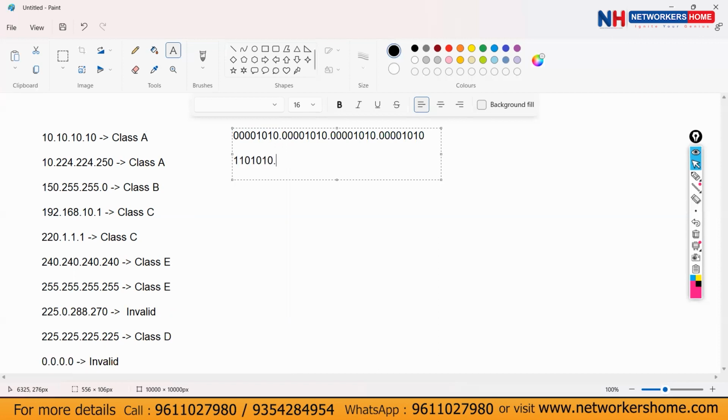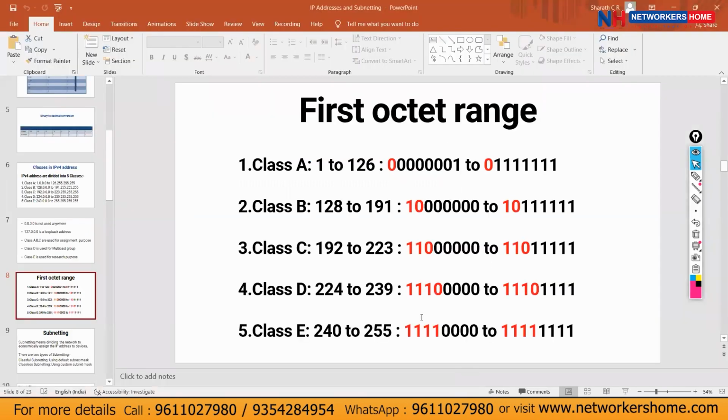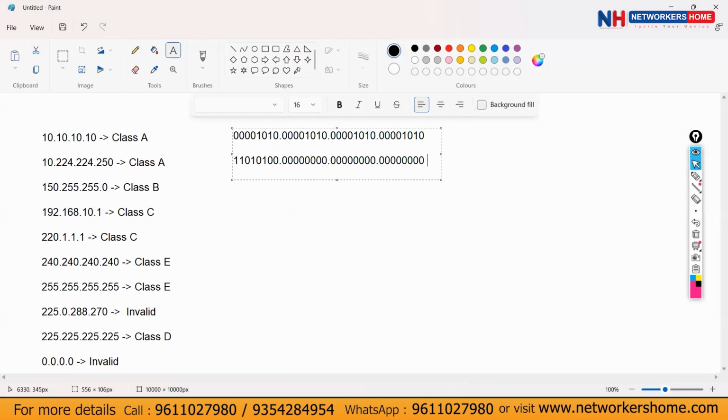Now, check. 110. Look at this table. This is class C. Okay.